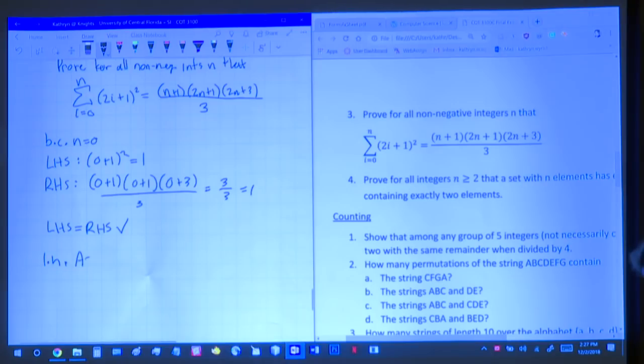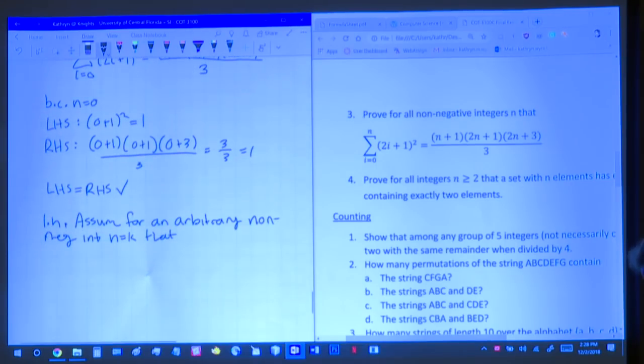And our inductive hypothesis is assume for an arbitrary non-negative int n equals k that the summation from 0 to k of (2i plus 1) squared equals (k plus 1)(2k plus 1)(2k plus 3) all over 3.